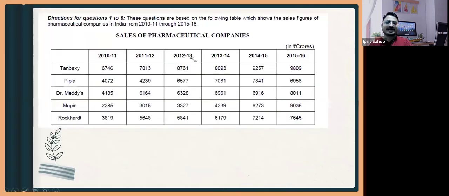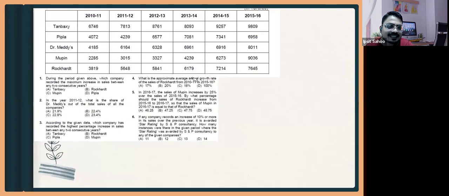So this is now a table and the question is a little bit tougher than the previous one. So this is just the data. I am showing you the question. So I have taken all of this in a single page.